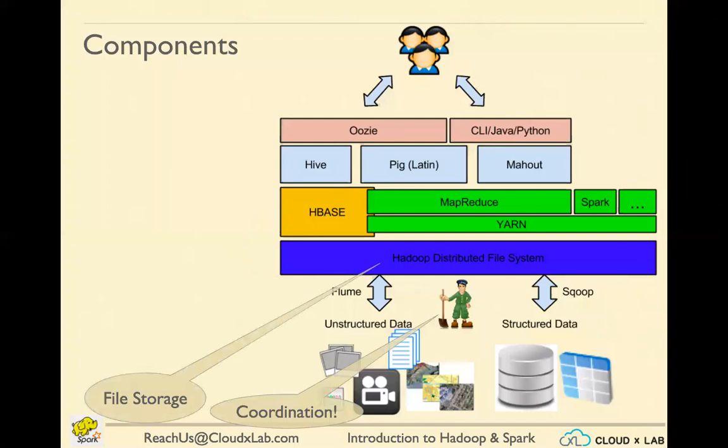Hadoop distributed file system is just a normal file system. What's a file system? A file system has files and folders, right? And you upload files into a file system, you copy the files. There have been lots of file systems in history.